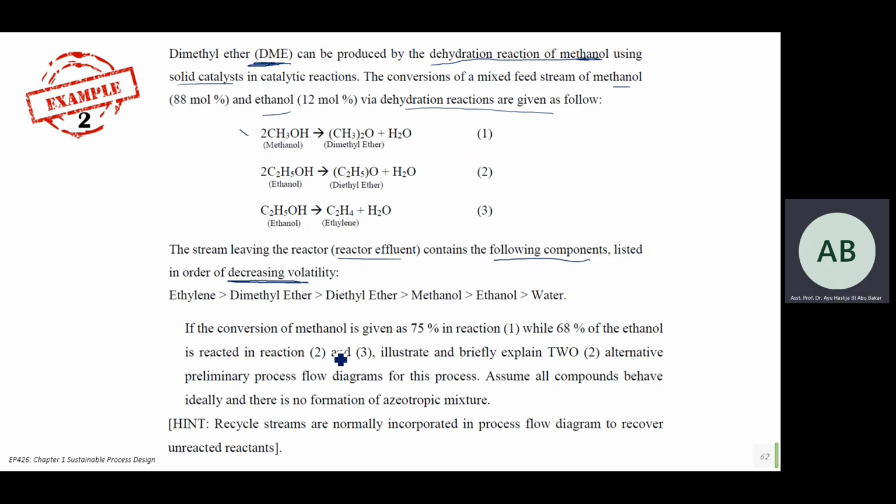If the conversion of methanol is given as 75% in reaction 1, while 68% of the ethanol is reacted in reactions 2 and 3, illustrate and explain 2 alternative preliminary process flow diagrams. Assume all compounds behave ideally, and there is no formation of azeotropic mixture.